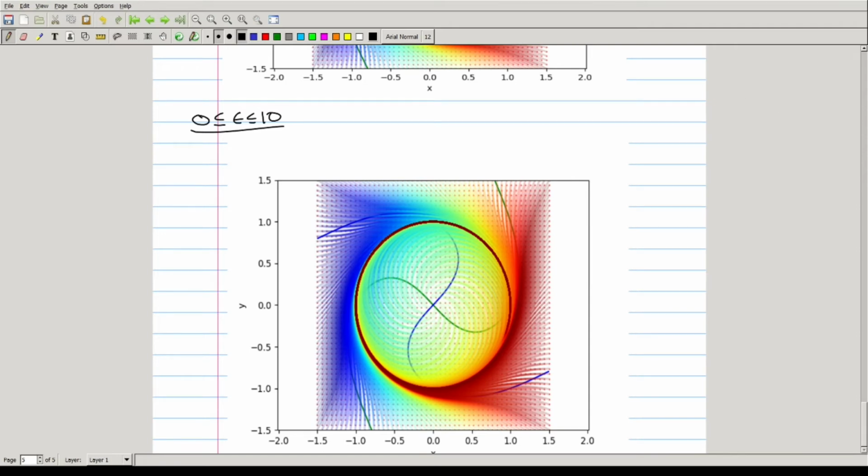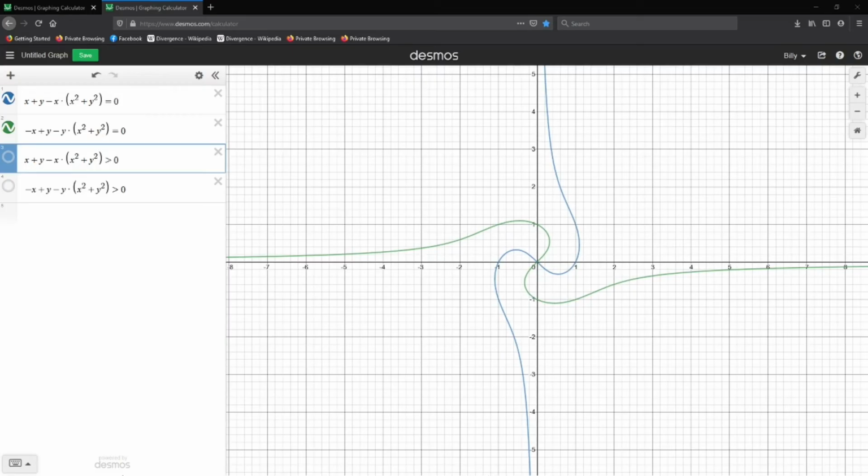And perhaps the best way of viewing this is to go to the animation. So I opened up our Python code from earlier, and I added the feature into it to save a bunch of images to put them into an animation.